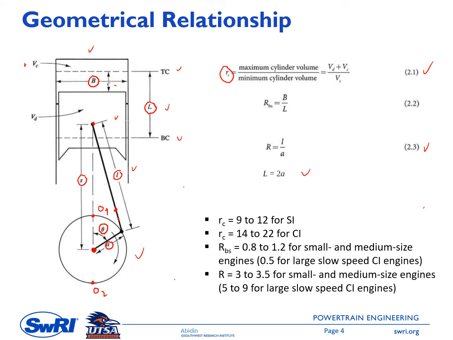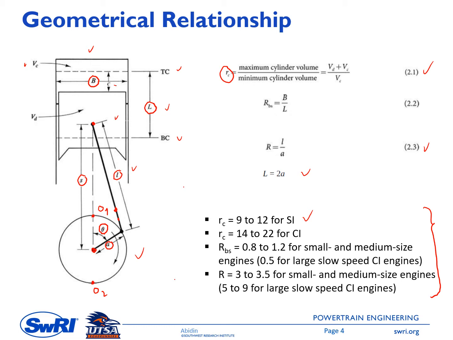These are the typical numbers that we have right now for compression ratio. The first one here is for SI, the spark ignited engine. So we might have a gasoline engine or natural gas engine. Currently the compression ratio for spark ignition engine is between 9 and 12.